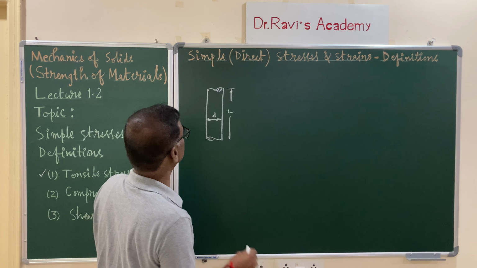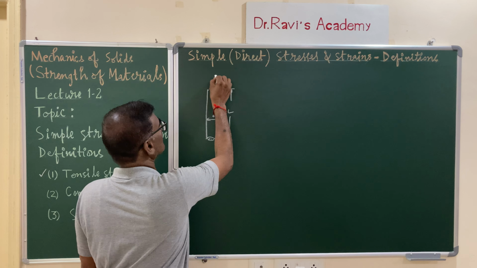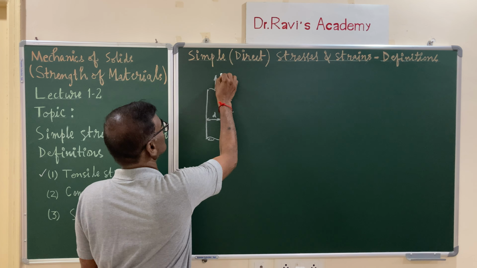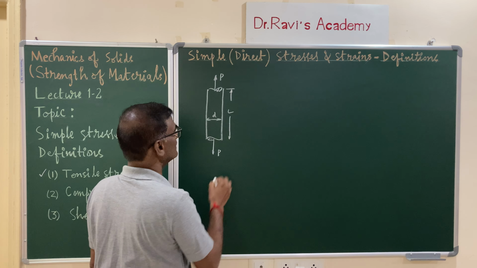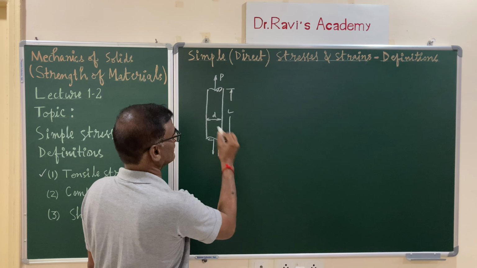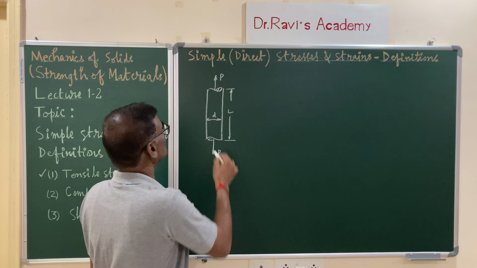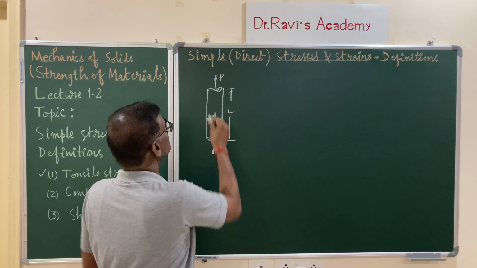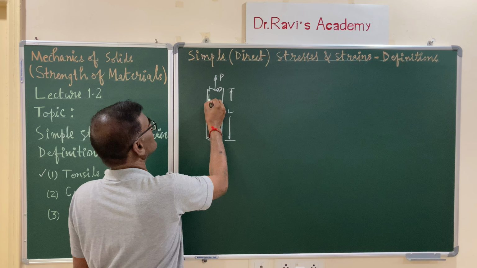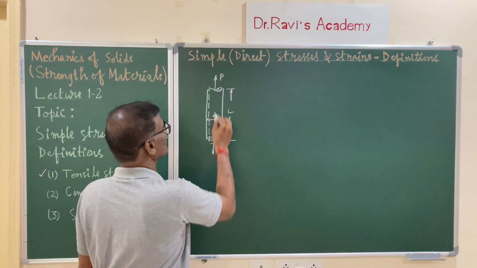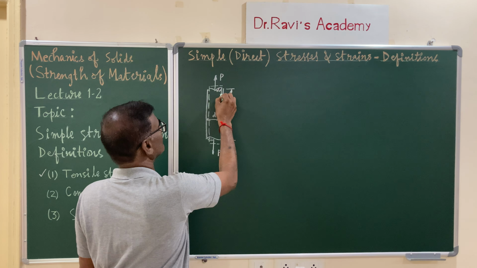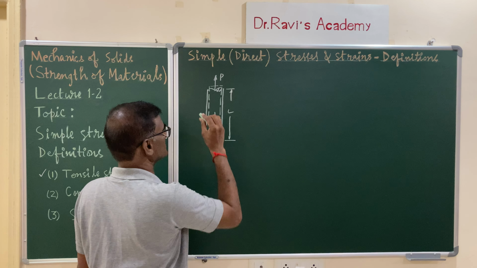This is subjected to a load away from the body, that is a pulling load. The load leads to extension of the bar. Because of this load, the length is increased, and that particular type of load is called tensile load, and the stress developed in the material is called tensile stress.